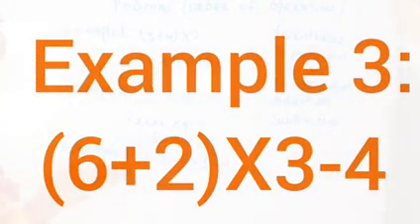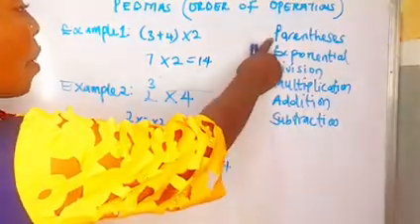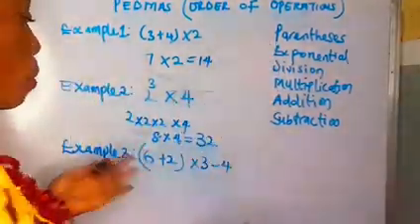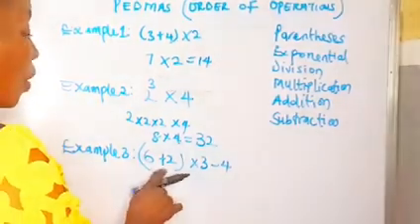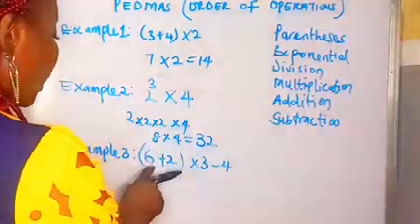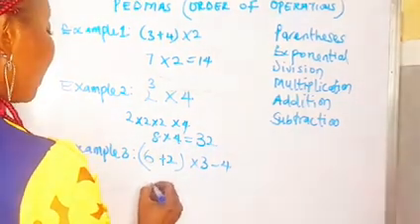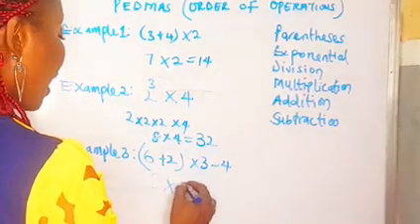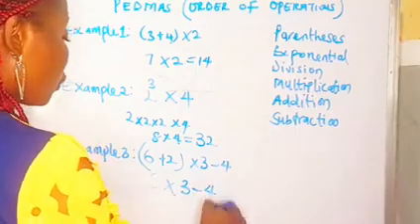Example number 3, if we have 6 plus 2 in parentheses, that is, in brackets, times 3 minus 4. Again, parentheses or the bracket comes first. So we solve what is in the bracket first. 6 plus 2 will give us 8 times 3 minus 4.